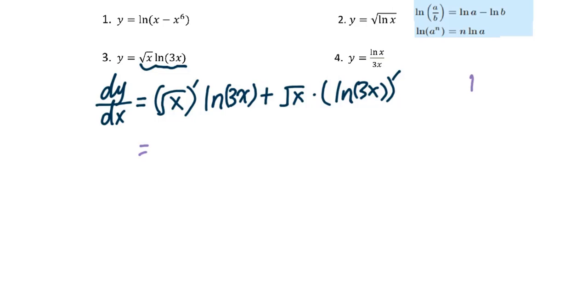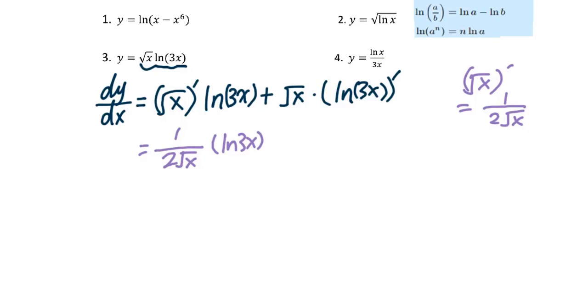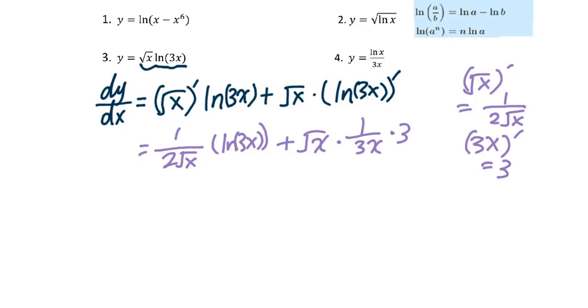For square root of x, that is 1 over 2 square root of x. Then natural log of 3x stay, plus square root of x times, for natural log of 3x, you have 1 over 3x. Then using chain rule, the derivative for 3x equals 3, so multiply by 3.